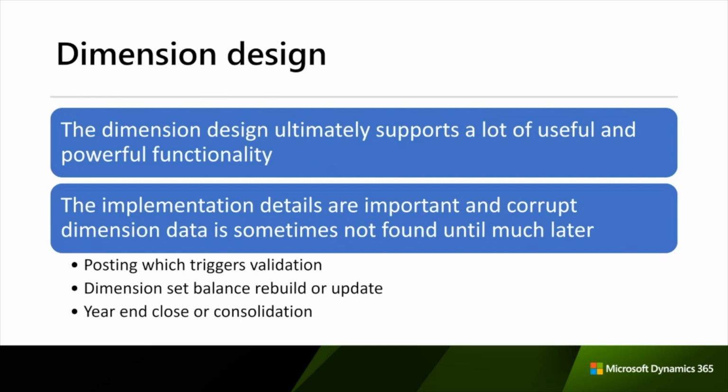Things seem okay, but then when you post the transaction, which triggers some extra validation, or when you update your dimension set balances, which could be a day or two later, or when you run the year-end close, which could be a year later, or a consolidation, then we're trying to consume the extra features from those dimensions, and things start not working. And that's when we get into trouble and we notice it.